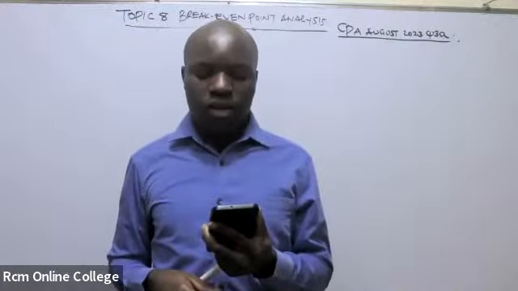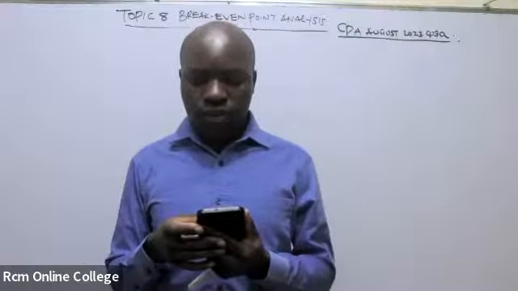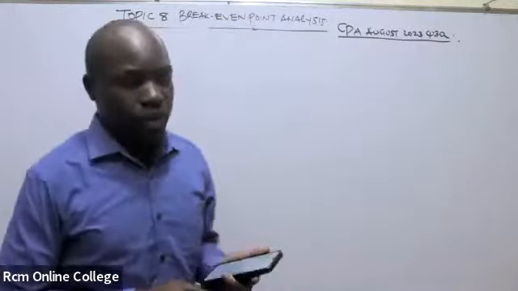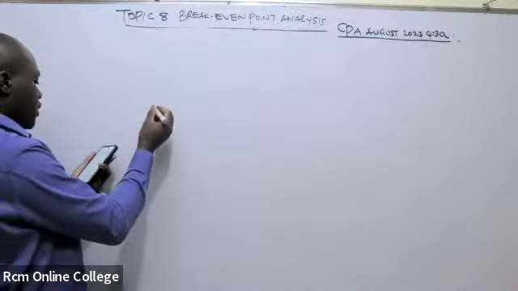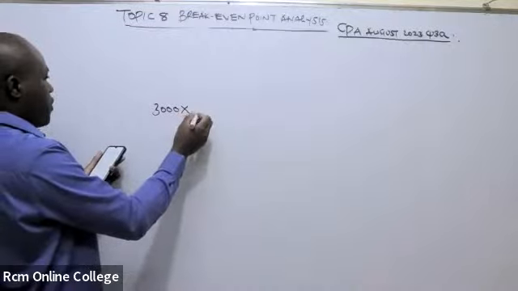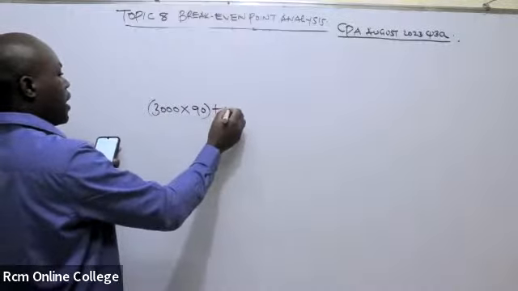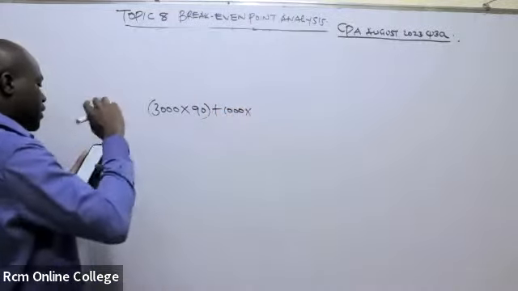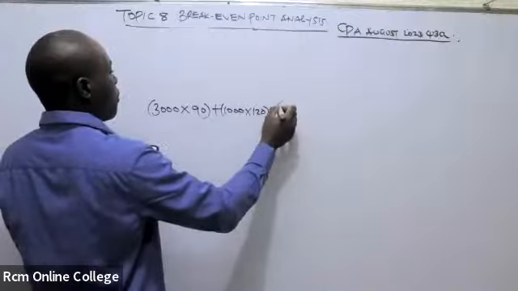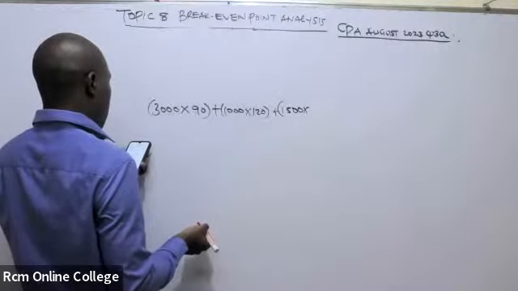So when you take 3,000, look at the fixed cost given there. I want us to take 3,000 clients to be served at the salon, multiply by 90, plus 1,000 clients to be served at the gym, you multiply by 120, plus 1,500 clients to be served at the barbershop, you multiply by 40.